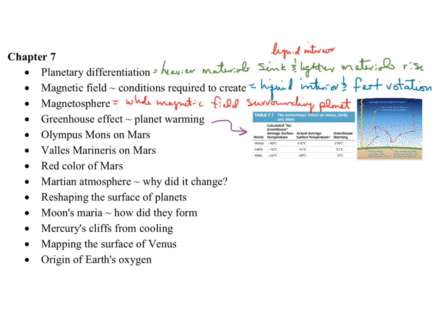Greenhouse effect. I brought in a figure from your textbook, and I know it's kind of small, but Table 7.1 lists Venus, Earth, and Mars with regard to what their temperatures would have been without the greenhouse effect. Venus has a crazy greenhouse effect.